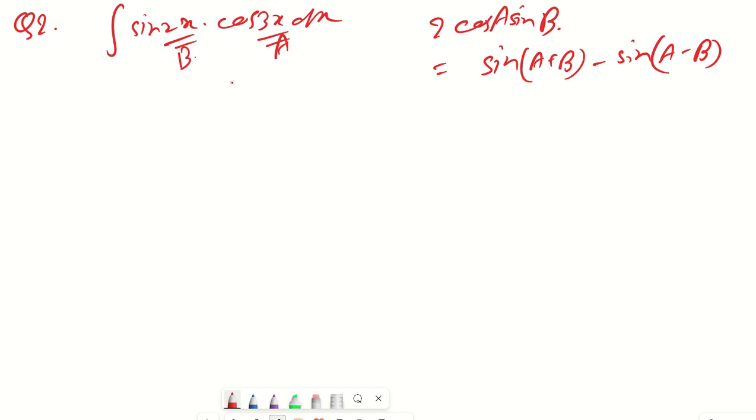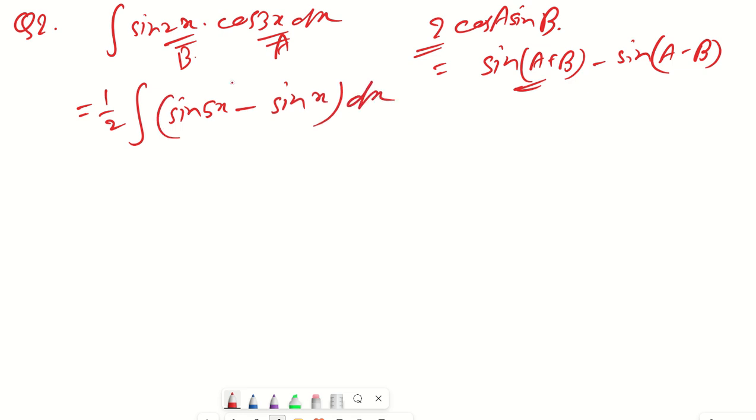So I can write it down. I have to have an additional 2, so it will become 1 by 2 times integration of sin 2x cos 3x. It will become sin (a plus b) minus sin (a minus b). So sin 3x plus 2x is going to be sin 5x. So sin 5x minus sin x dx.